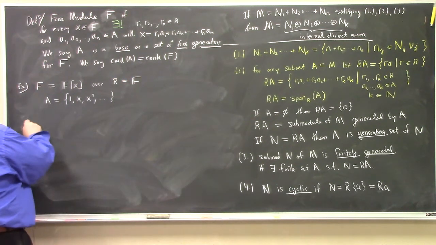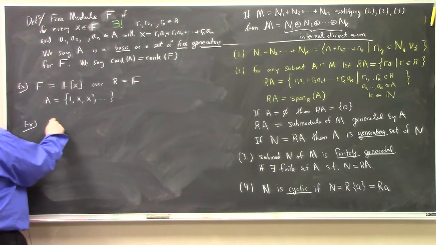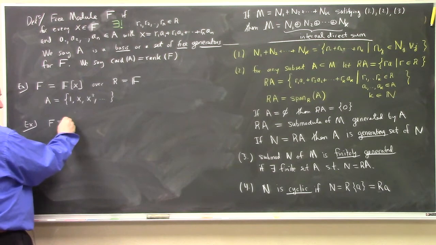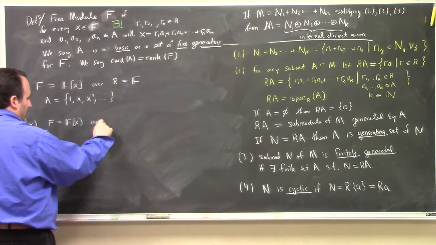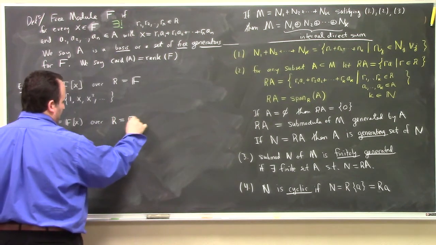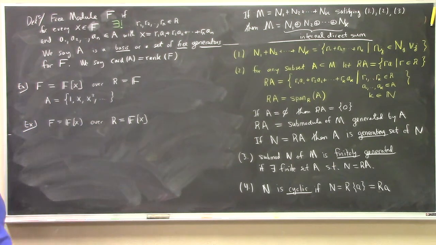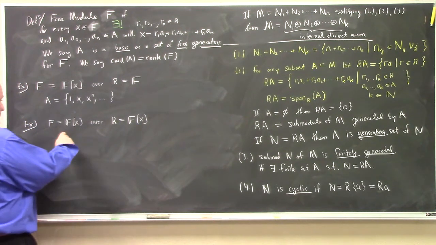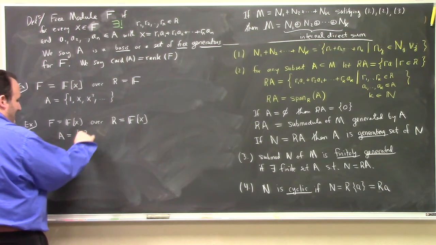But on the other hand, if I look at the free module of polynomials over the ring of polynomials, then maybe the situation's a little bit different. Then I think I can just use a to be 1.